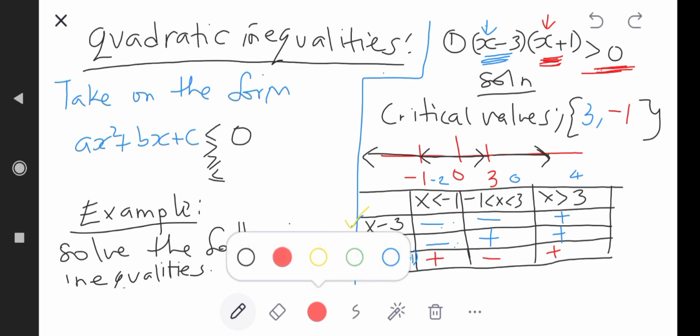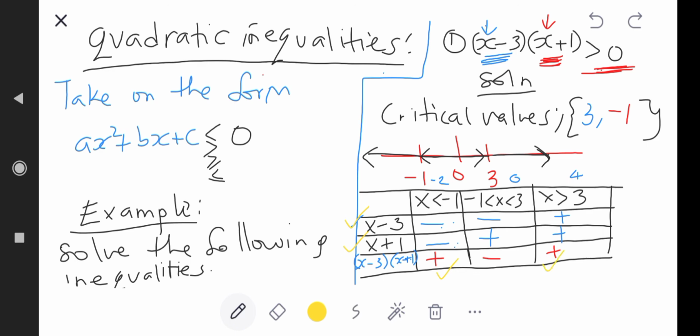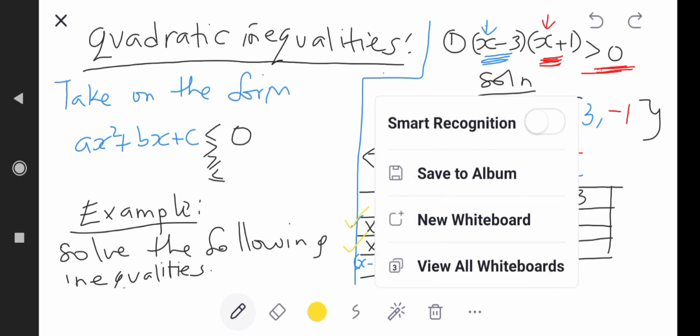So I am going to take the positive ones, and therefore in the next whiteboard I'm going to say the solution set is x less than -1 and x bigger than 3. Actually we have to write a union, because union means all values of x less than -1 and all values of x bigger than 3.